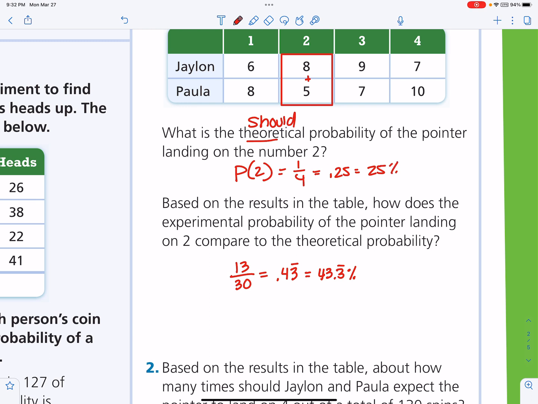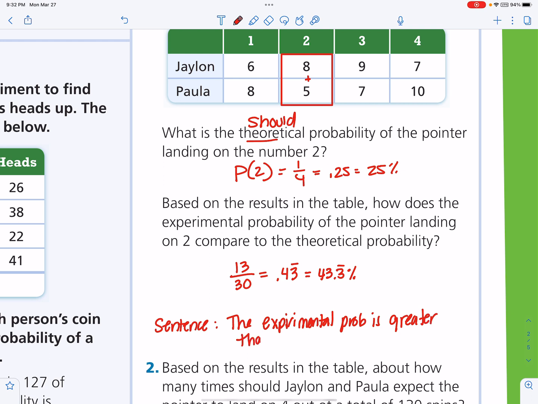So the question is, how does the experimental probability compare to the theoretical? You need an actual sentence, and on the test, you're going to need a comparison sentence. So I'm going to say the experimental probability is greater than, okay, so when we're comparing, we use greater than or less than, the theoretical.